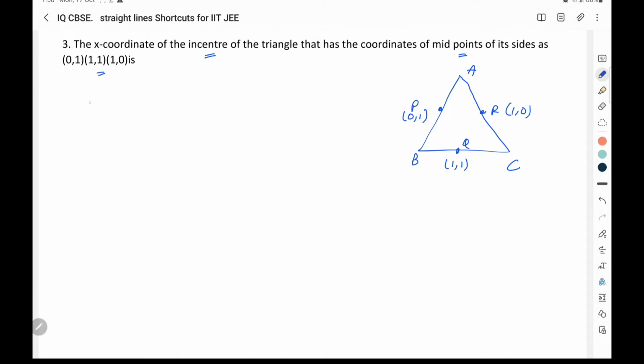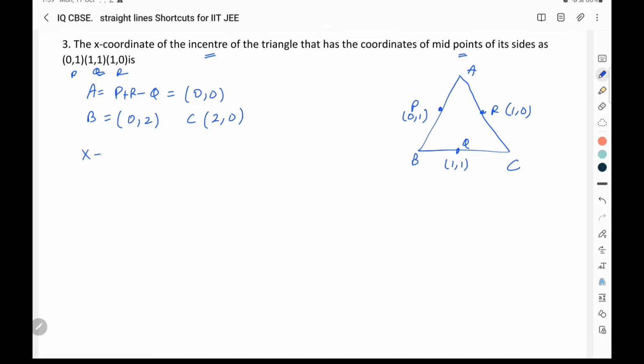So just like the before problem, we know how to find A, that is nothing but P plus R minus Q. So here I will get (0, 0). And similarly B, I will get (0, 2) and C I will get (2, 0). Just like the previous problem. If you have doubt, just go through the second one.